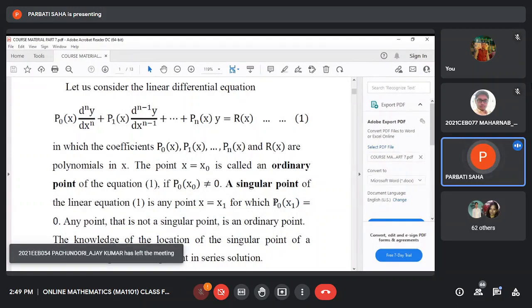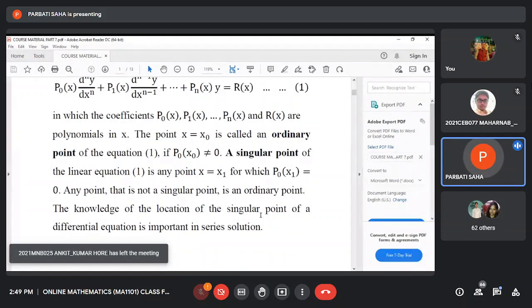Then we say x1 is a singular point. And a point which is not a singular point is called an ordinary point.